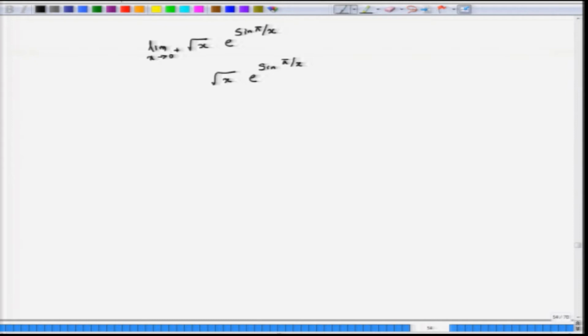Wherever the x is, sine pi over x is always bounded by 1. So, this is going to be less than or equal to square root of x times e, and which is definitely greater than or equal to 0. Now, this side goes to 0 and this is 0. So, square root of x e to the power sine pi by x is essentially dominated by some constant times square root of x, and that is going to determine the limit.